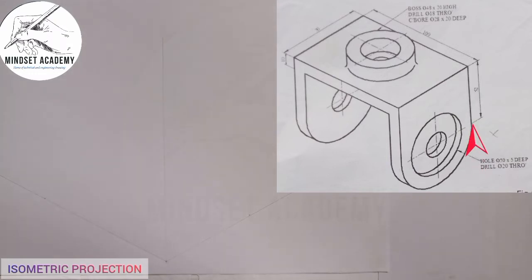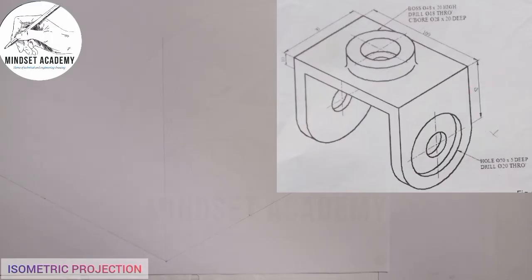So from the center to this point is 35. You add 35 to 52, and that gives us 87.